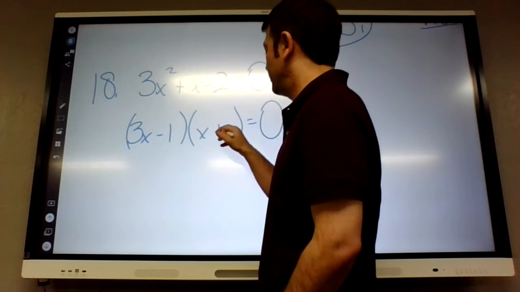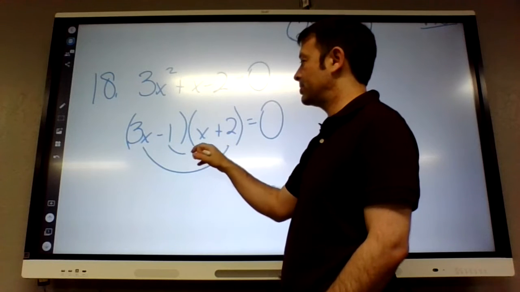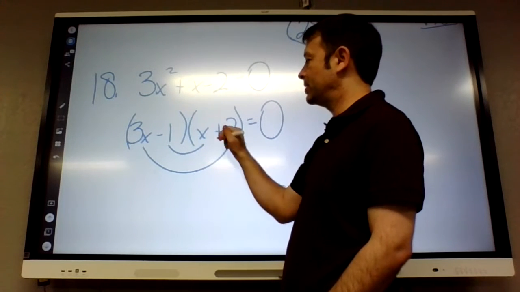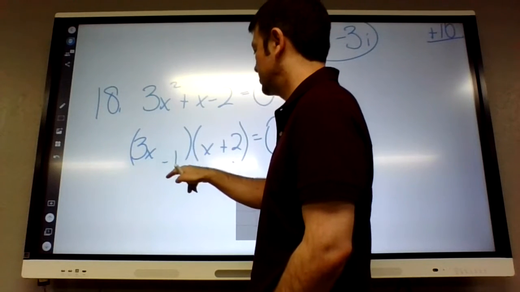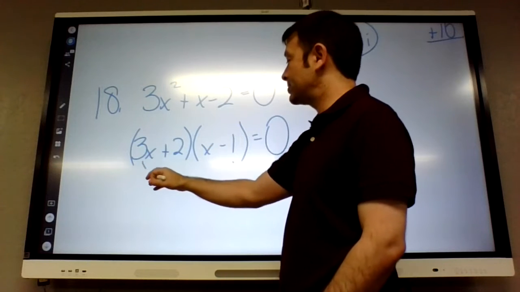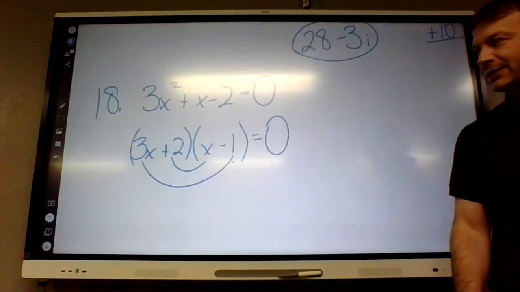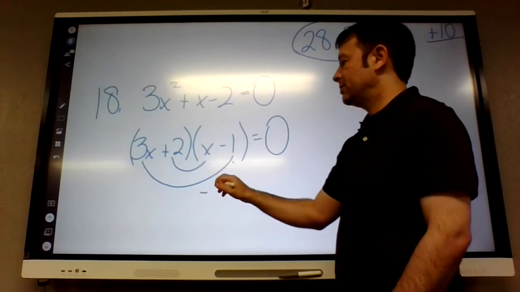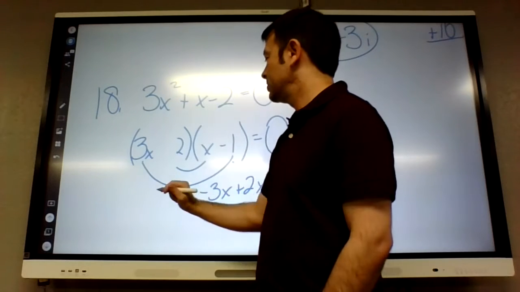If I put negative 1 and 2, I get 6x minus 1x, which is not 1x. So I need to try 2 and negative 1 instead. Now the outside is negative 3x, the inside is plus 2x, which makes negative x, and I want a positive x.